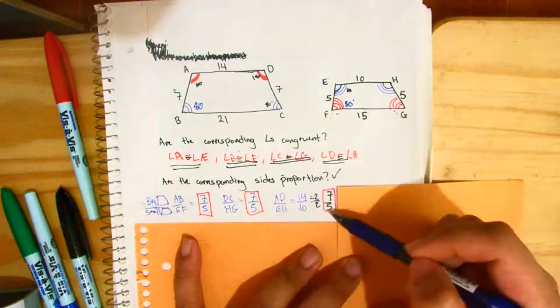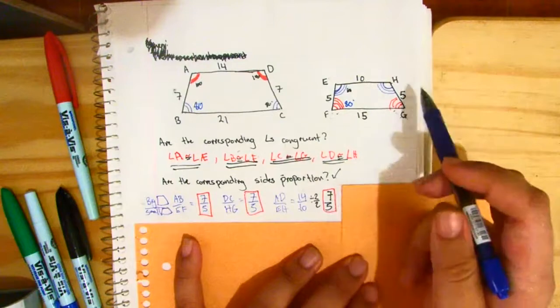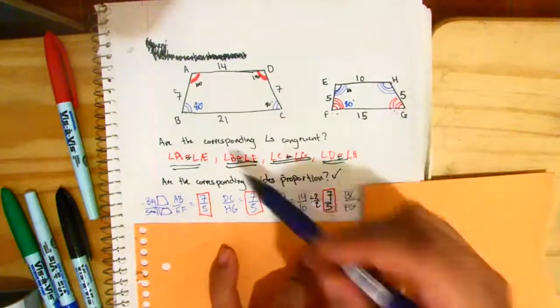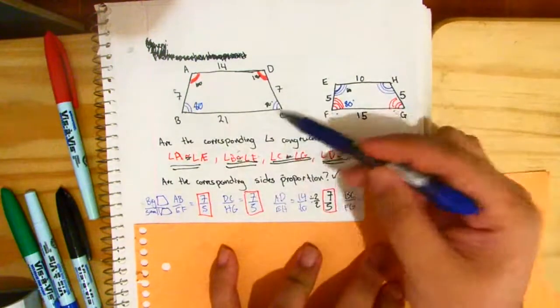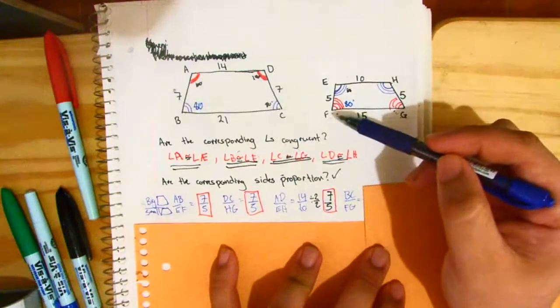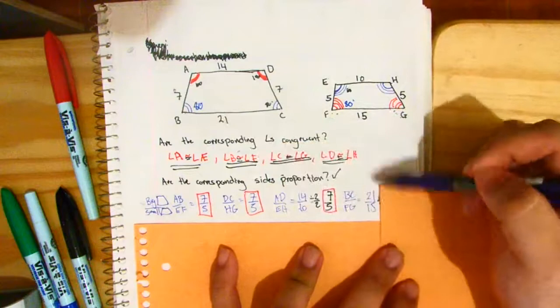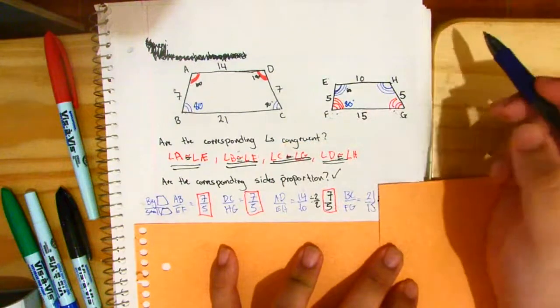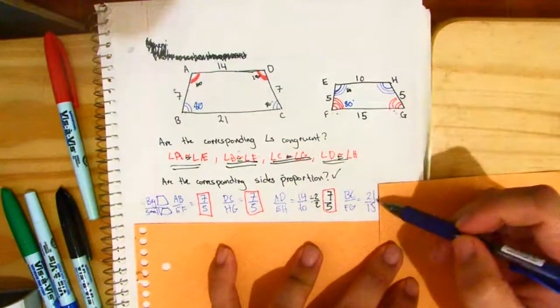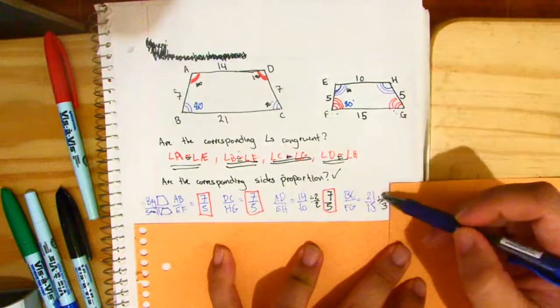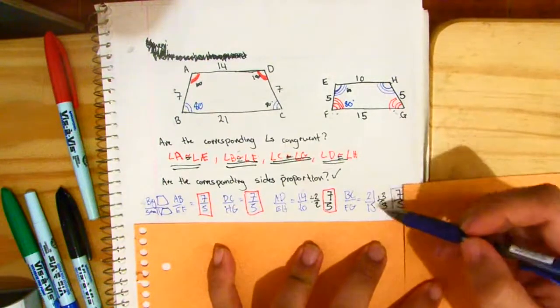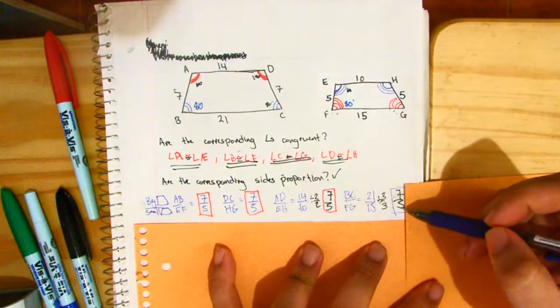Once again, it has the same simplest form, or scale factor. And the last one is BC over FG. BC with the value of 21, FG with the value of 15. If you divide this by 3, 21 divided by 3 is 7, 15 divided by 3 is 5.